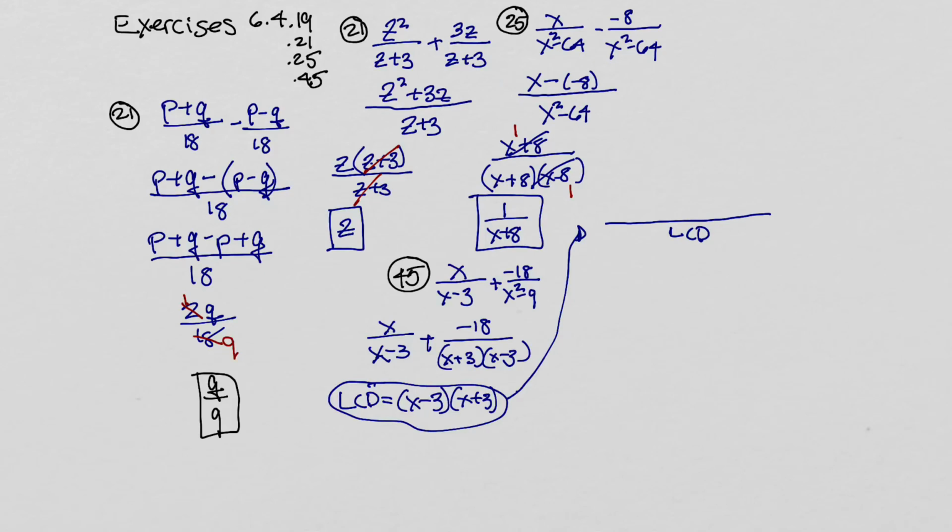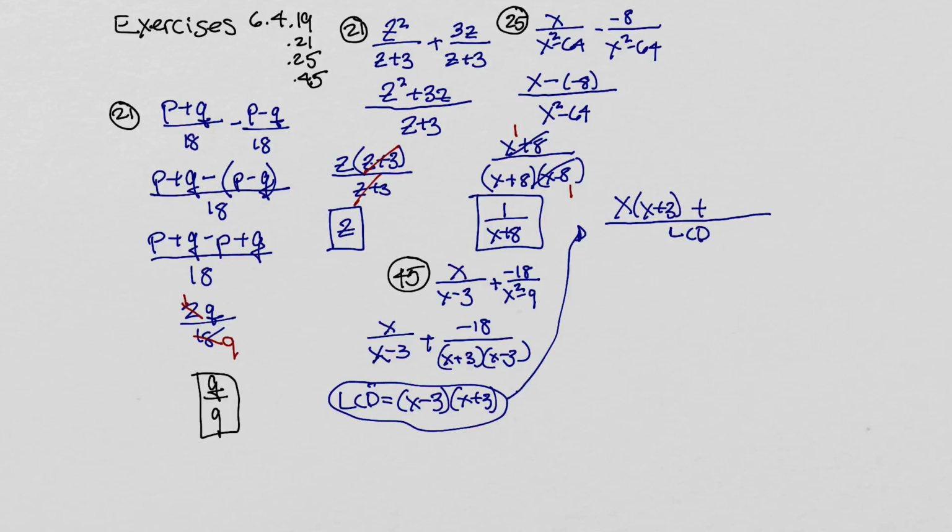Now on the left side, we've got this x. So I'm going to write that x, but I'm going to have to adjust that because I've adjusted the denominator, right? We had x over x minus 3, but now the denominator is not just x minus 3, it's x minus 3, x plus 3. So it looks like the denominator has been multiplied by x plus 3, so we need to adjust this numerator by multiplying it by x plus 3.